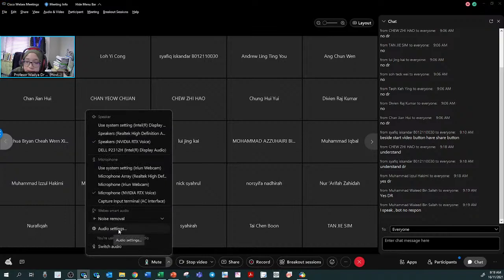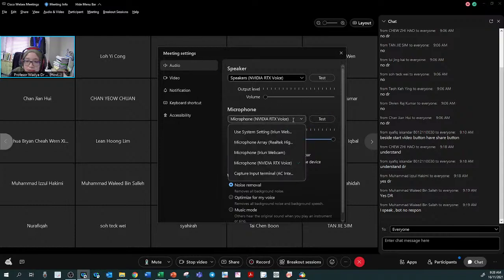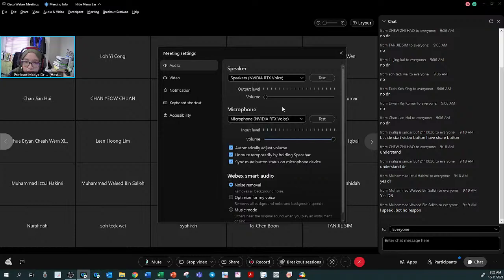It's the second last. Audio setting and then go to microphone. Under audio, just select, maybe because you're using earphone or using different earphone sometimes, or speaker. So you're changing between some settings, so you need to select the correct microphone.